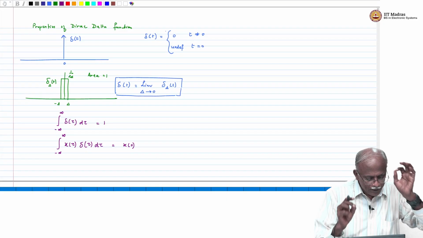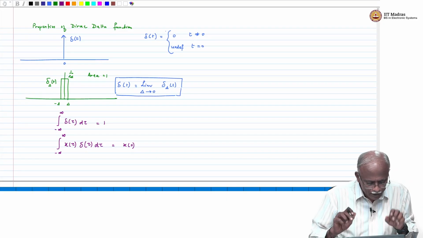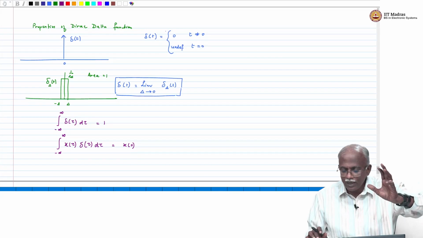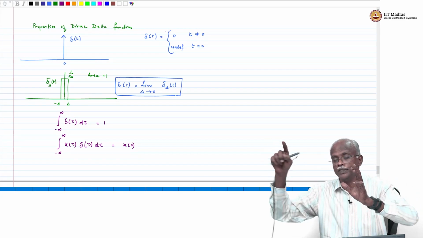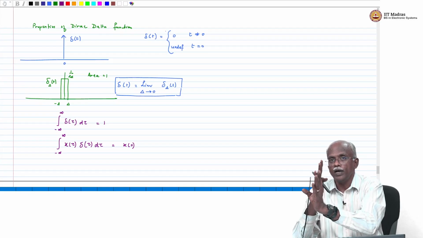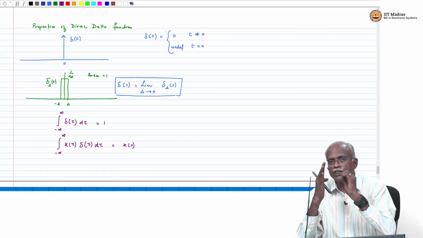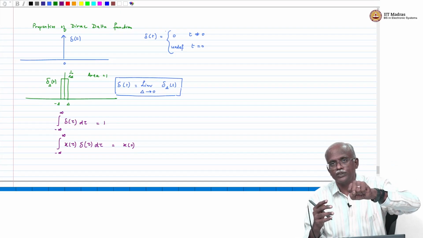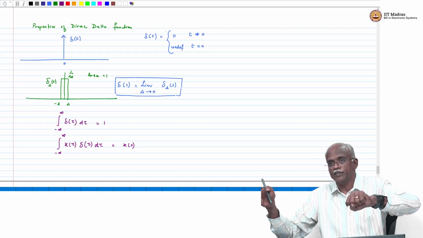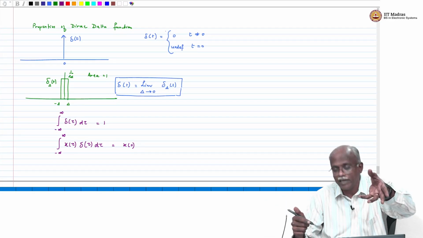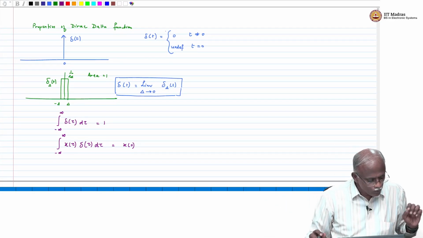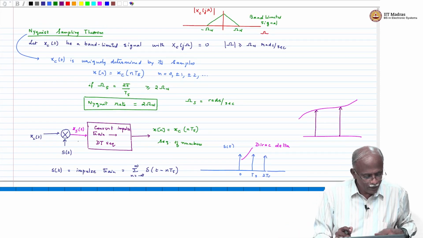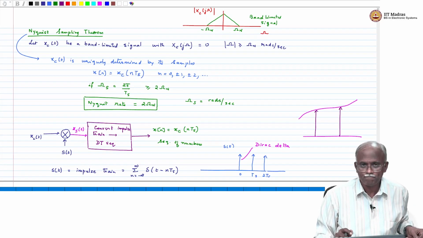So it is very important that we keep this picture in mind. When you multiply a continuous function by a Dirac delta, you get a Dirac delta with a scale factor associated. It is not just going to infinity anymore. And when you integrate from minus infinity to infinity, what comes out will be the scale value. That is why we are able to do an operation which looks like this: multiply by an impulse train.